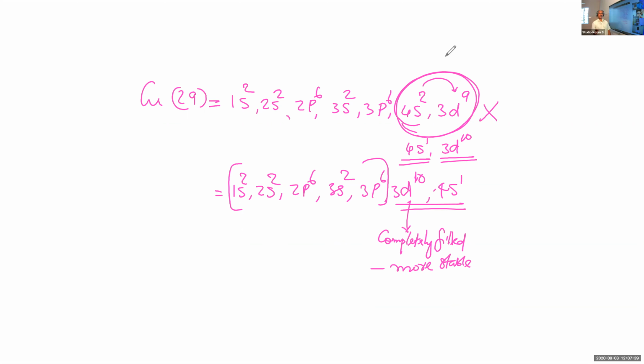Another example is copper, atomic number 29, with 4s1 3d10. So 3d10 is a completely filled state, and it is also extra stable, most stable.